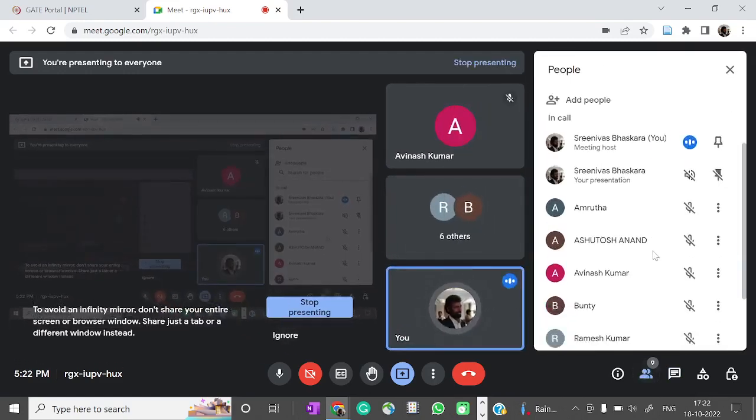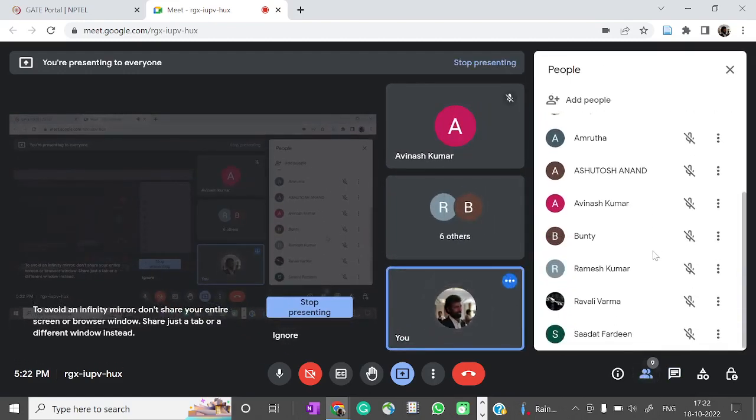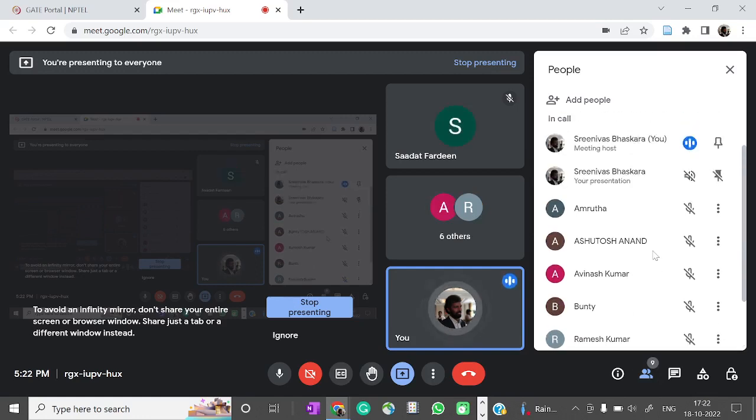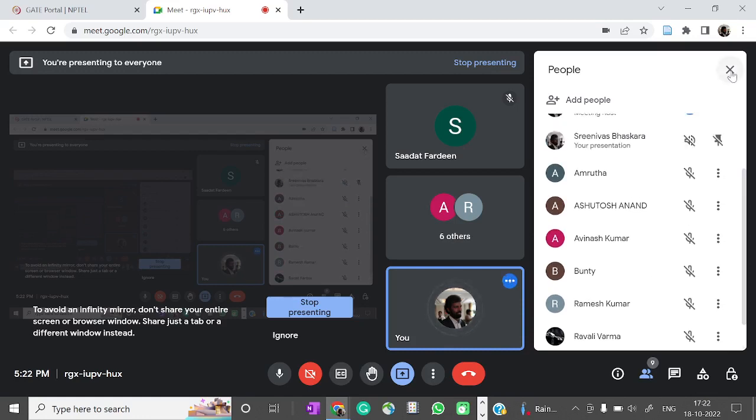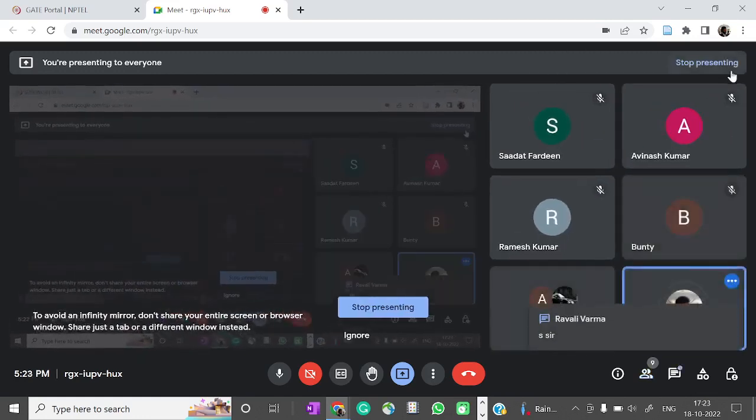I can do one thing in my own way. I can ask individually. Sadat, are you clear about this? Okay, thank you. Amruta, are you clear about this? Type in your chat box. All right, fine. This is called a litmus test.